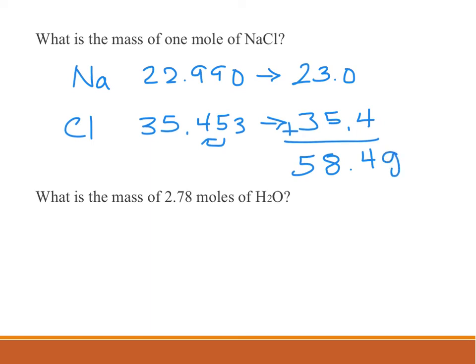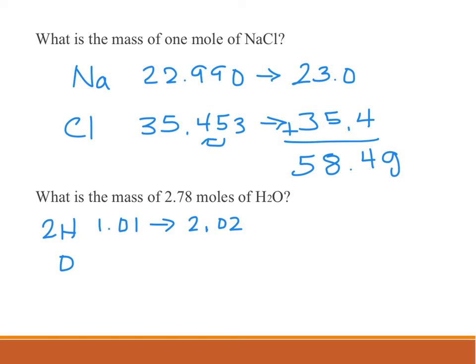To get a little more complicated, what is the mass of 2.78 moles of water, of H2O? So we're going to have 2 hydrogens and 1 oxygen in the water. Hydrogen by itself, on the periodic table, is 1.0079, so we're going to round that to 1.01 for atomic mass units, and we're going to have 2 of them, so that's going to turn into 2.02.